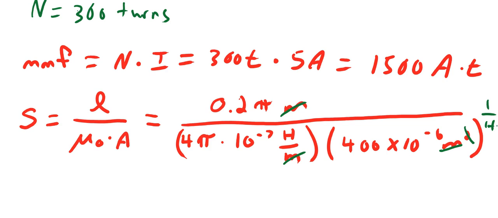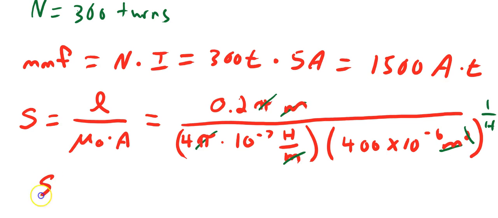Now, we can also show here, I guess, that pi cancels with pi, so we can eliminate pi from the calculation. That will reduce the error somewhat. And so then we can calculate the reluctance as 0.2 divided by 4 times 10 to the negative 7, and also divided by 400 times 10 to the negative 6.